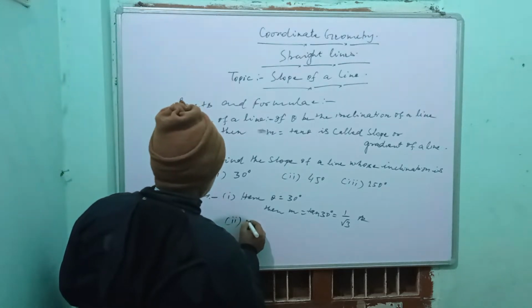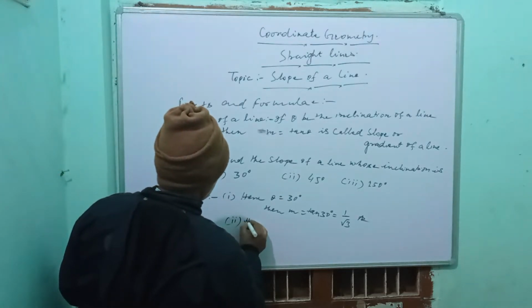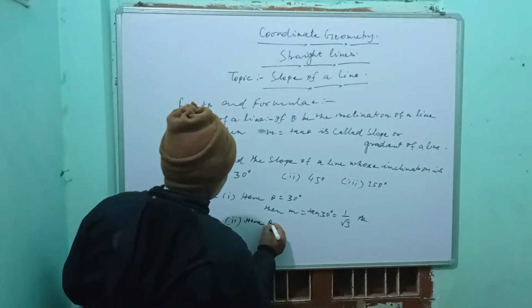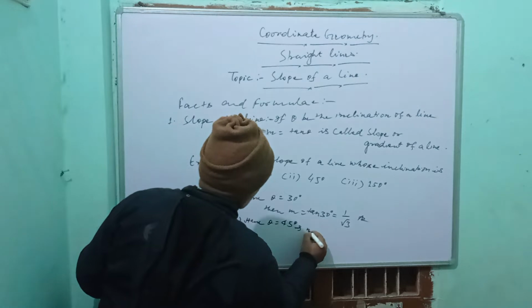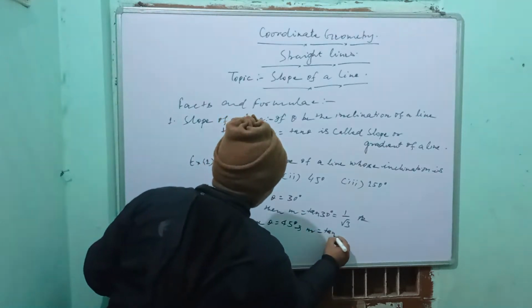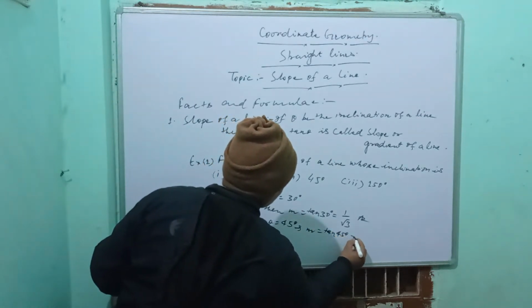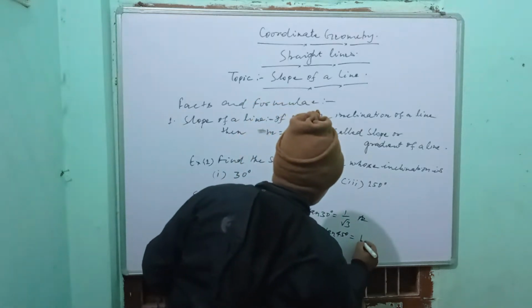And here theta is equal to 45 degree. This implies m is equal to tan 45 degree, which is equal to 1.